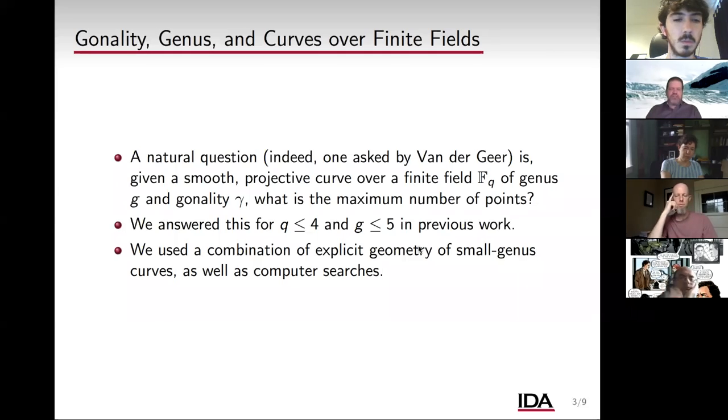So if you compress this question and leave out the gonality, you can look at, for example, manypoints.org, which has a table of the best known bounds for a lot of different Q's and G's. And indeed, Van der Geer was one of the first to construct such a table.